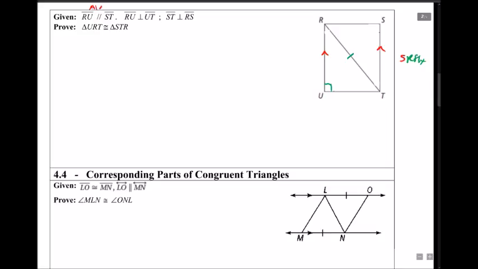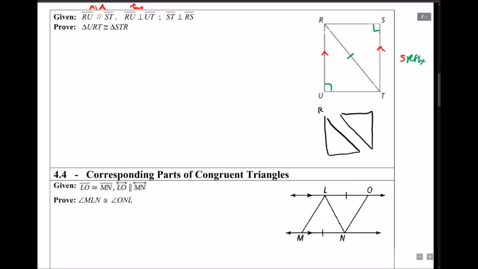I'm thinking alternate interior angles. Perpendicular, I'm thinking right angles, right? So we've got a right angle there, and we are told that segment ST is perpendicular to RS. So there is another right angle right there.